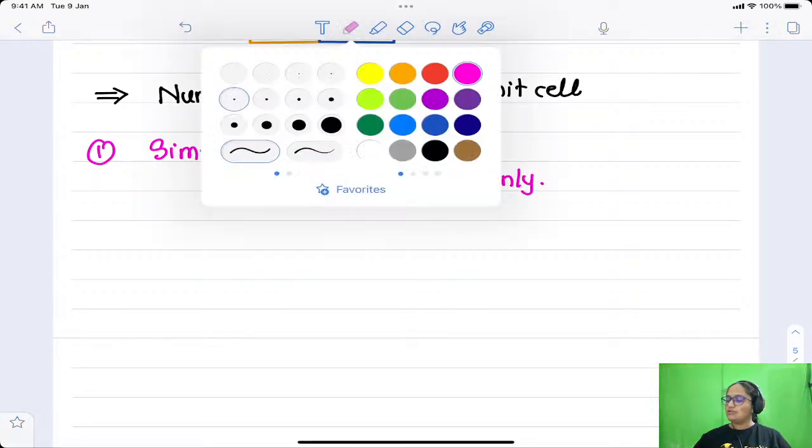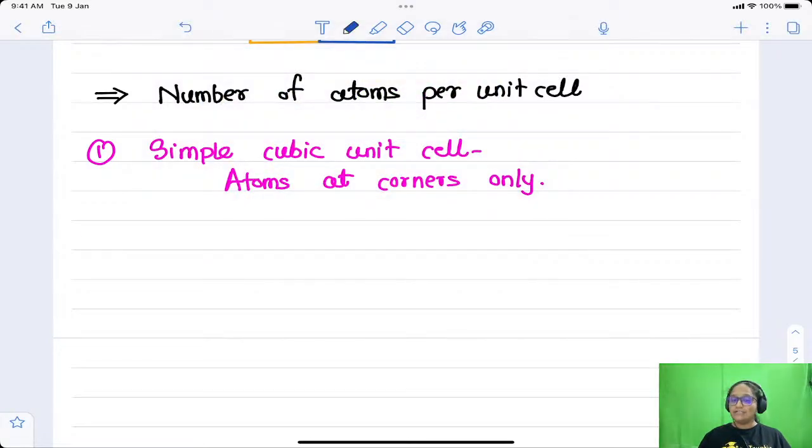To find out this contribution, I am going to tell you one simple formula to find the number of atoms per unit cell.